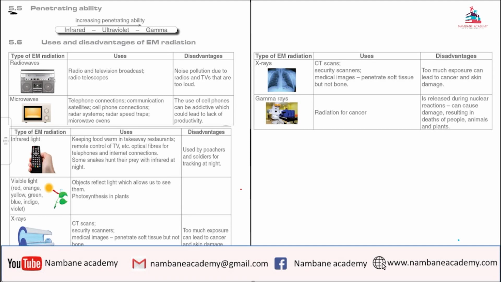And obviously anything else after infrared, your radio waves and your microwaves, will have a lower penetrating ability as compared to gamma rays, because gamma rays are the last one within the spectrum itself.